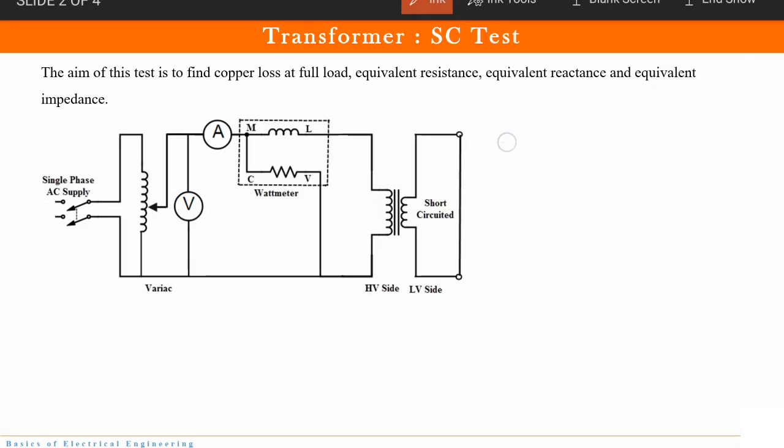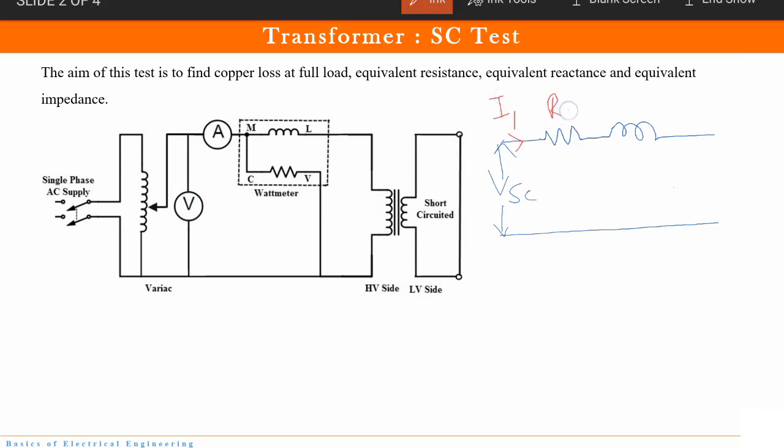So here we have VSC getting applied, then you have the current.